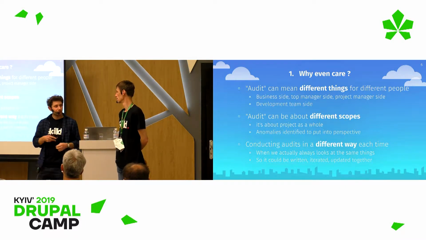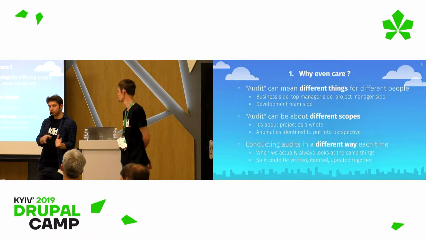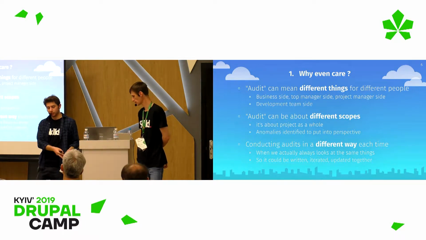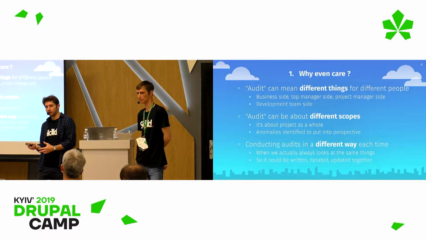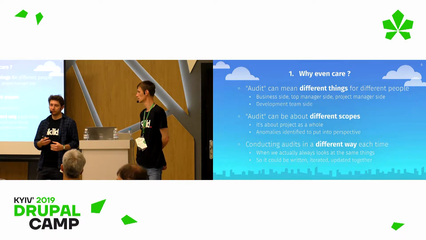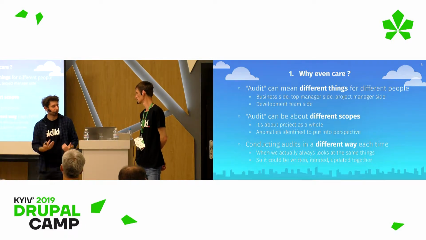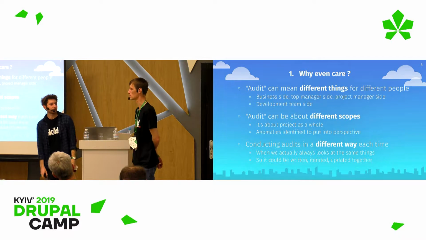Conducting an audit can be about different Drupal objects or about different themes, I can say. And it's really not usually defined at the beginning of the audits. It kind of should. Yes, I want to say about scopes.